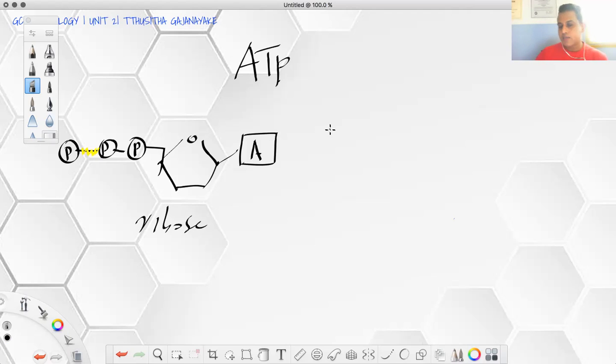This ATP molecule can hydrolyze into adenosine diphosphate and a phosphate group is released. So ADP is adenosine diphosphate and the third phosphate is released. By doing that, they can release energy.